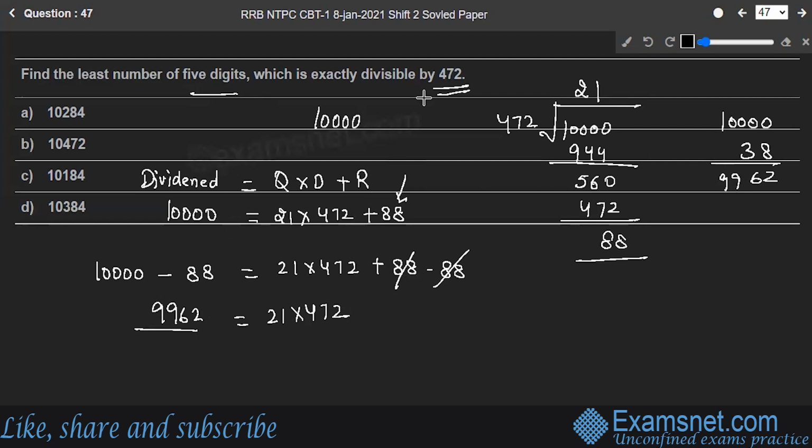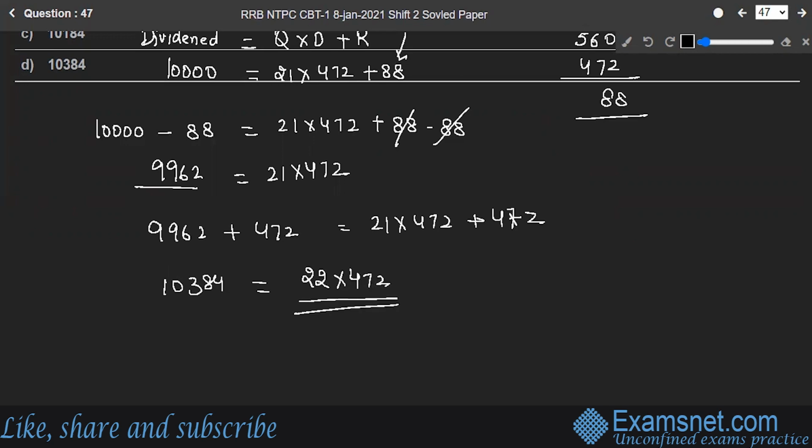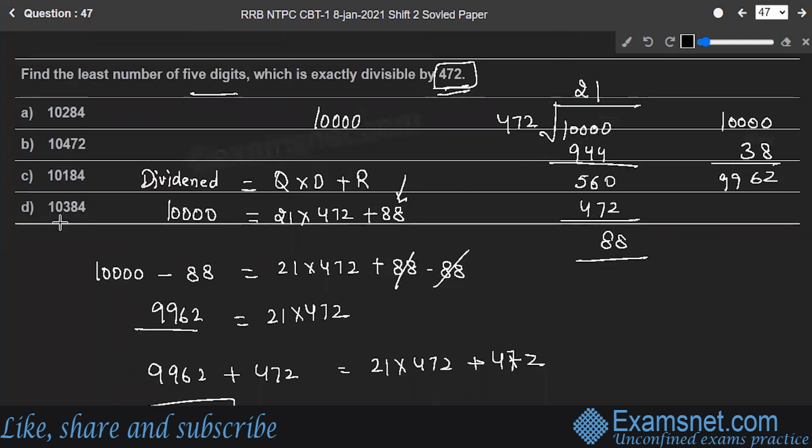For that, I want the next multiple of 472. I have to add 472 on both the sides. Plus 472. So this will be equal to 10,384. This is 22 multiplied by 472. So this is the smallest 5-digit number which is exactly divisible by 472. That means option D is the correct answer.